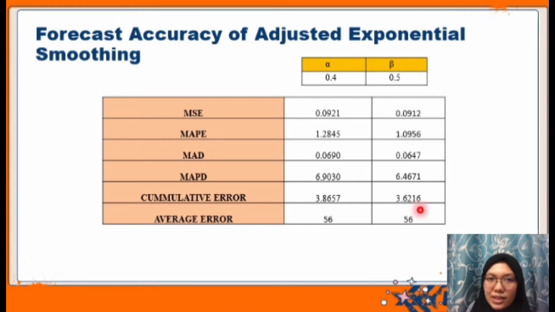We can see the adjusted forecast is more accurate since its MAD is the smallest value compared to the exponential smoothing. So the conclusion is the adjusted forecast is more accurate than the exponential smoothing.